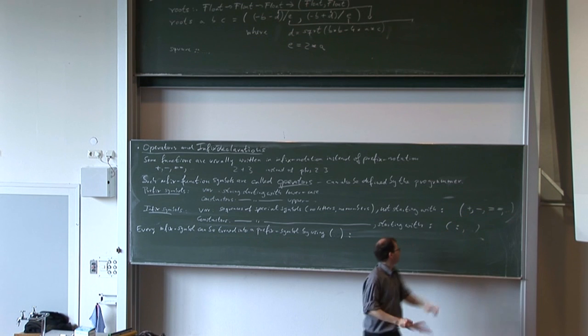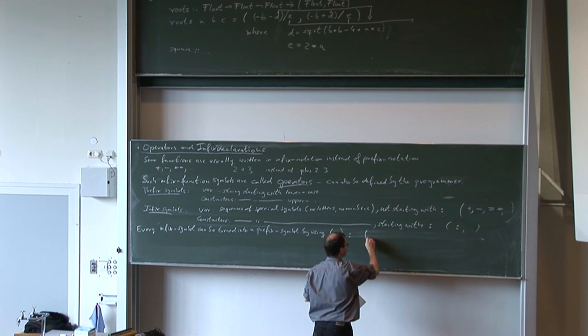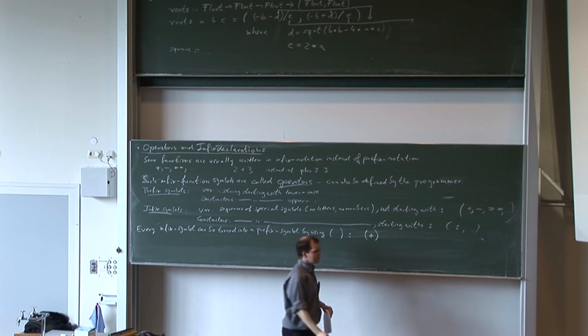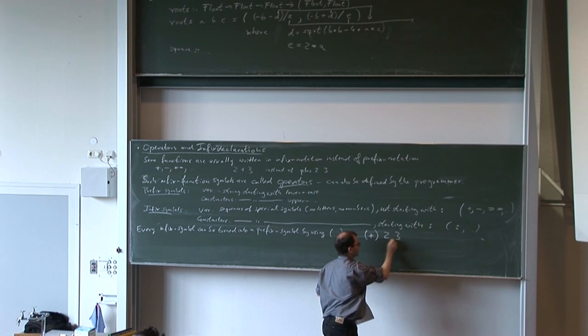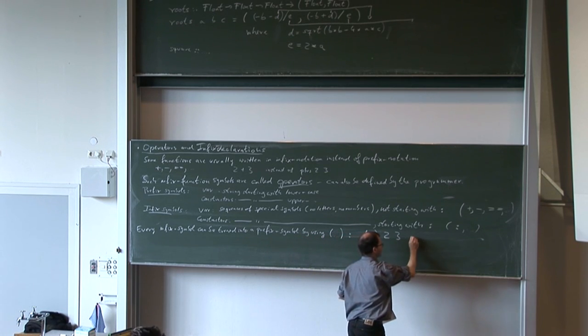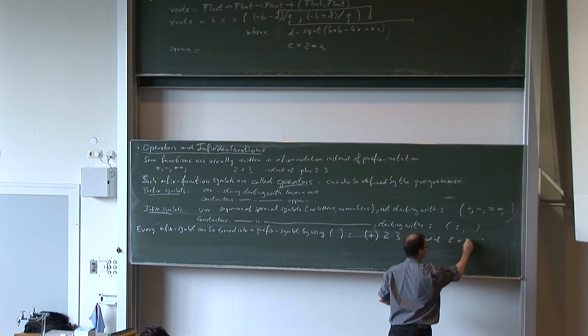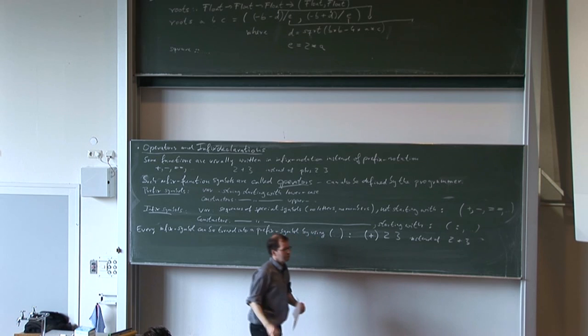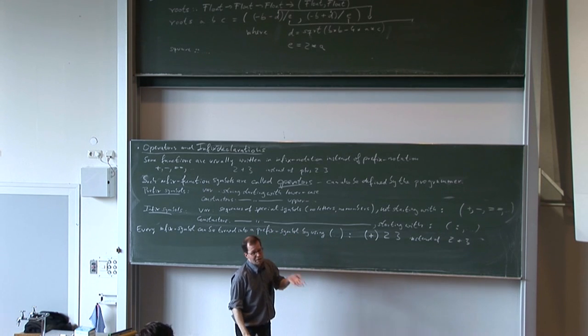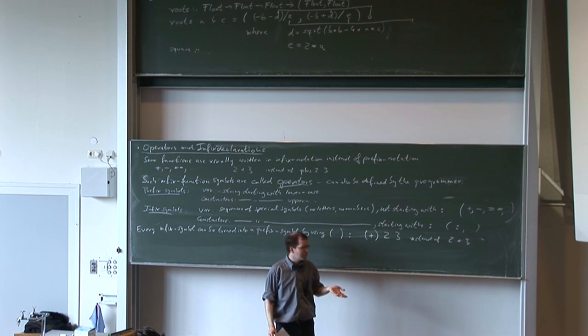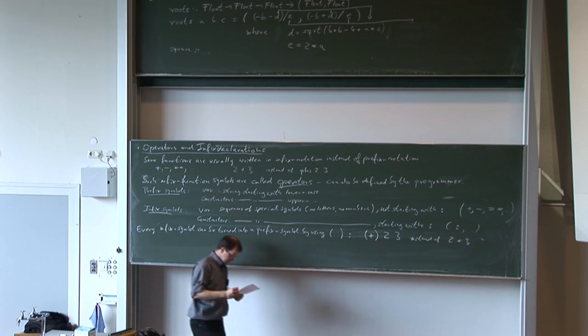If you want to make a prefix symbol out of it, you write this. This is a prefix symbol, so you can now write this instead of 2 plus 3. So whenever you have an infix symbol, no matter whether you defined it yourself or whether it's predefined, you can make a prefix symbol out of it by writing round parentheses around it.